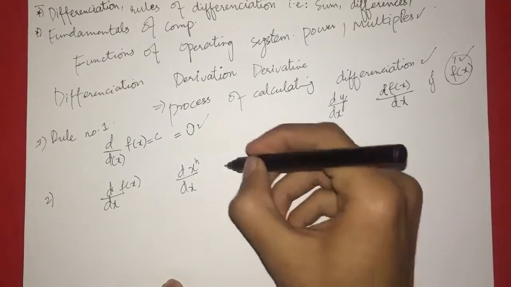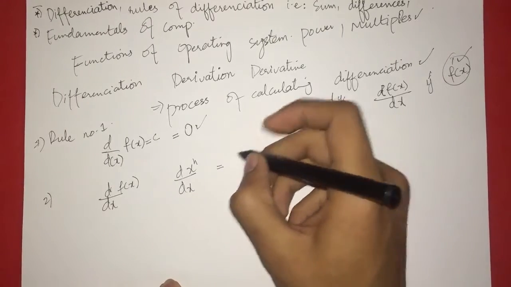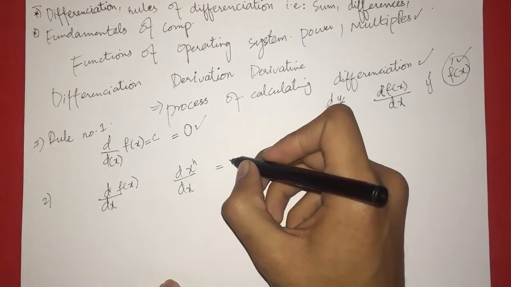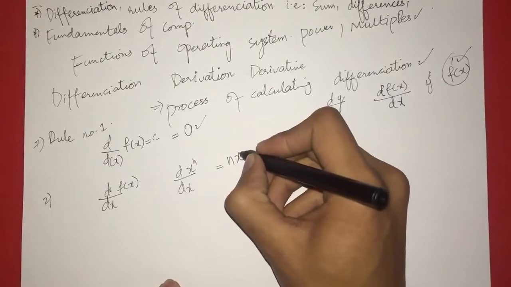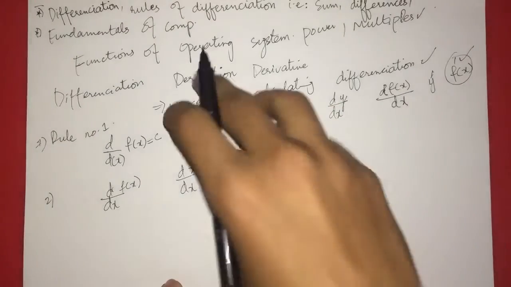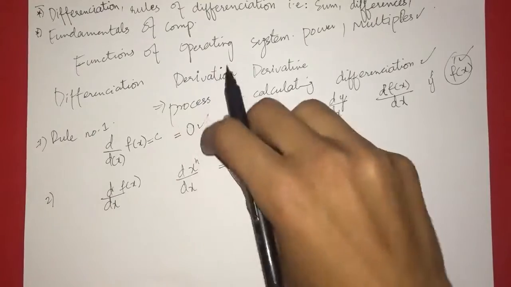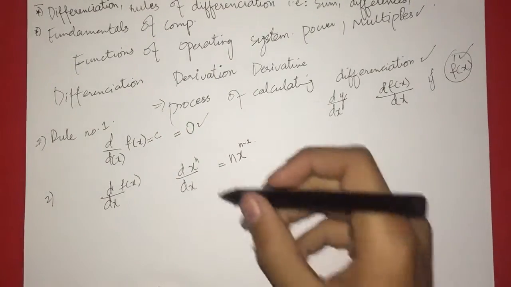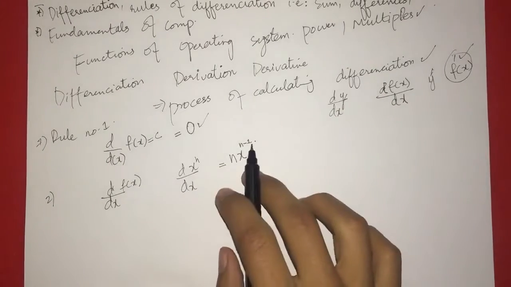What the power rule says is that the derivative of this is equal to n x to the power n minus 1. So the power becomes your coefficient, you keep x, and then you subtract 1 from the power. All of these rules are proved in the book, so you can have a look there, but in this video I'm not going to prove each and every one. I'm just going to state the rules. So this is the power rule.